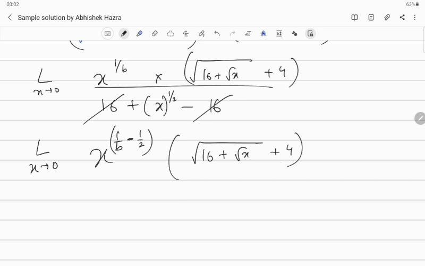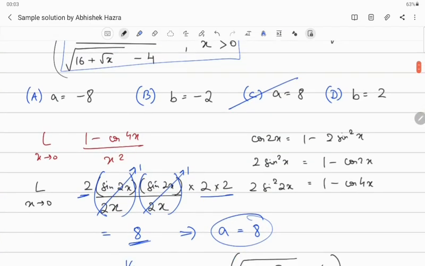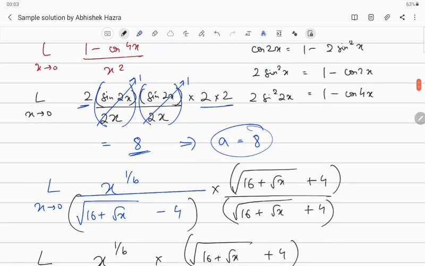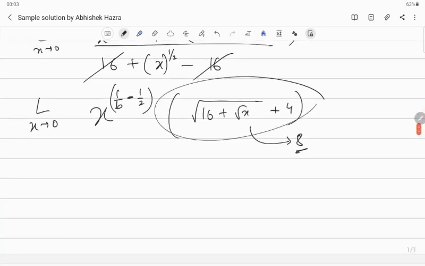Now one can easily see that directly substituting the value of 0 for x won't create a problem, because this won't be any indeterminate form. I can simply see that this will become root 16 plus 0 plus 4, which is 4 plus 4, that is 8. So we have got our 8, the value of the limit which we have calculated right now.